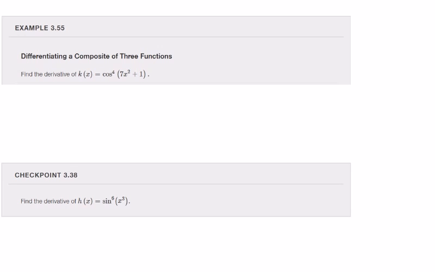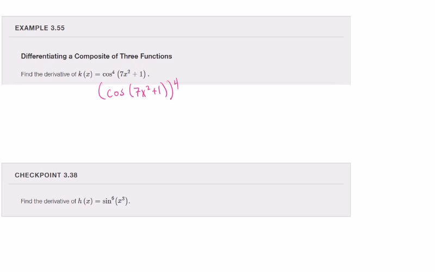All right, so here we go. So here we have this function k of x, and we can see that we have a cosine to the fourth power, and then we have this inside function, right? Trig functions are a little bit tricky because remember that fourth power, you don't have to write it out, but we can think of this as cosine all to the fourth power, right?